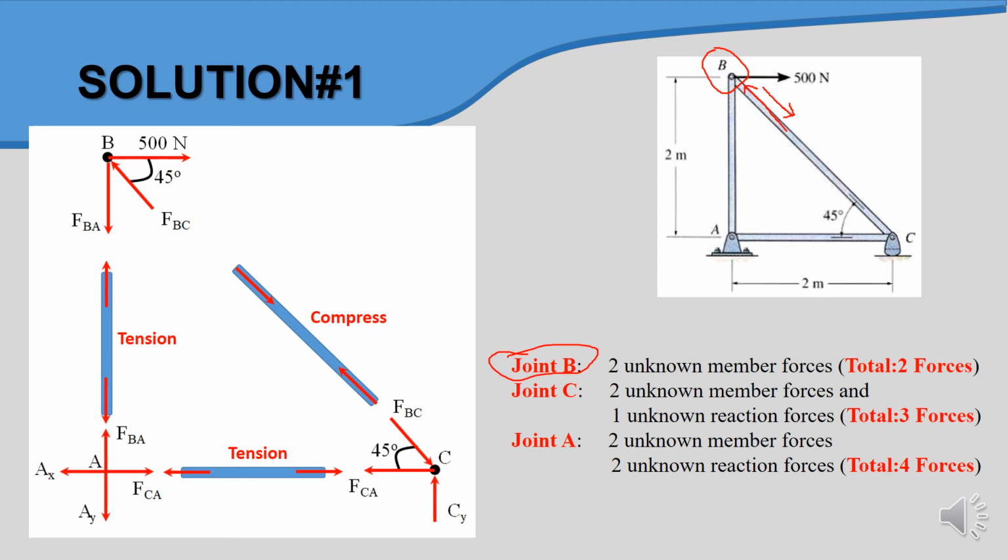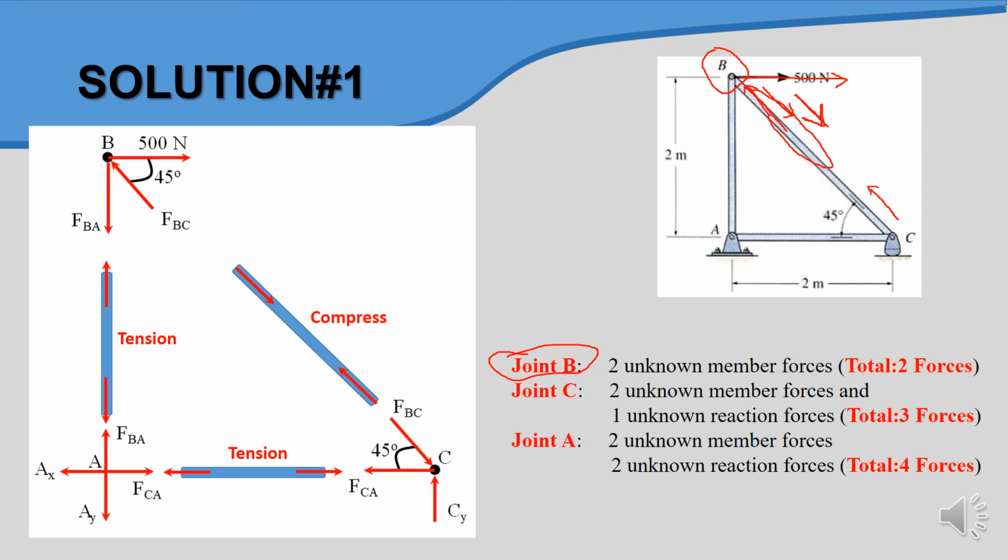But in this case, from logic we can see that if we apply the external force to the right, this member is supposed to be compressed, right? If it is compressed, then this one is also compressed.